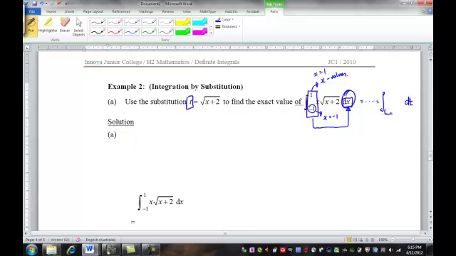As such, whatever values here shouldn't remain as -1 and 1 anymore, because now you have reduced it to an integration problem with respect to t. Therefore this should be a t value, and likewise this should be a t value. Alright, so let me illustrate what this point is talking about.